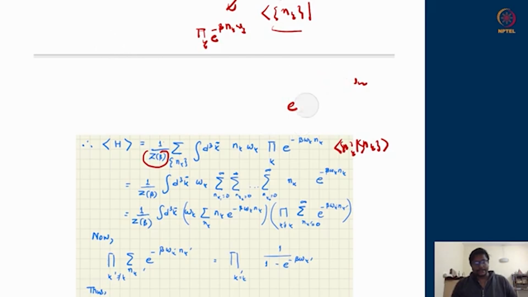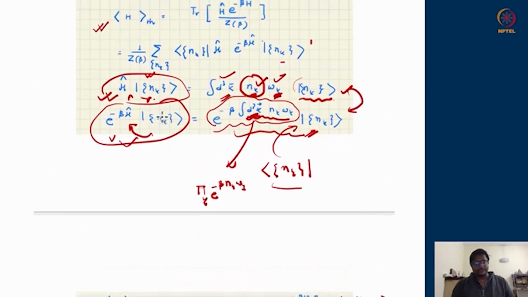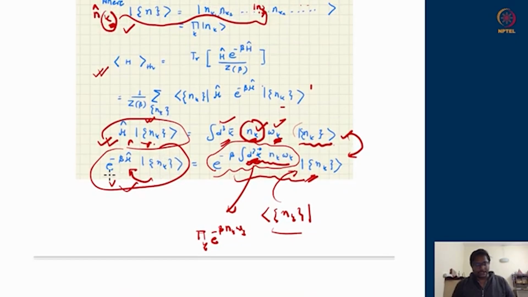All right. So if that is the case, then there is a Z beta in the denominator. Remember, what was Z beta? Z beta was e to the power minus beta H squeezed between nk and nk. So I will use this term, squeeze it between nks. Again, I will get the same thing back, and the nk overlap.